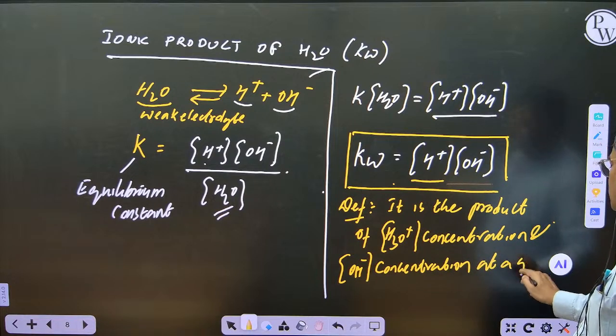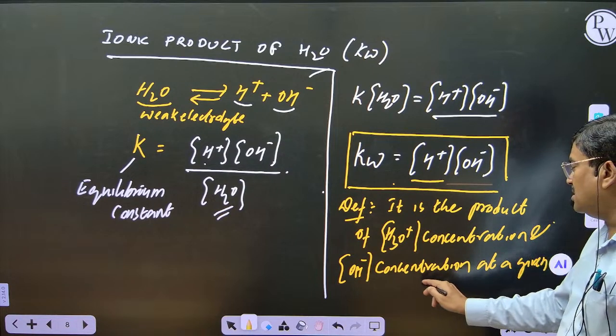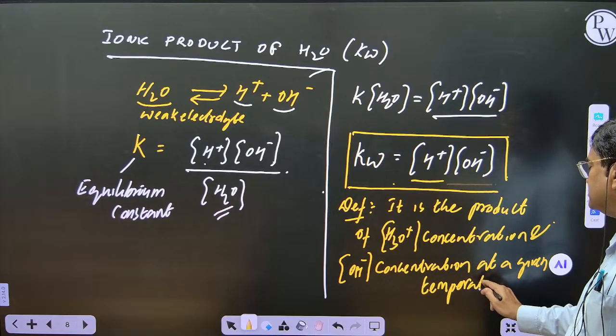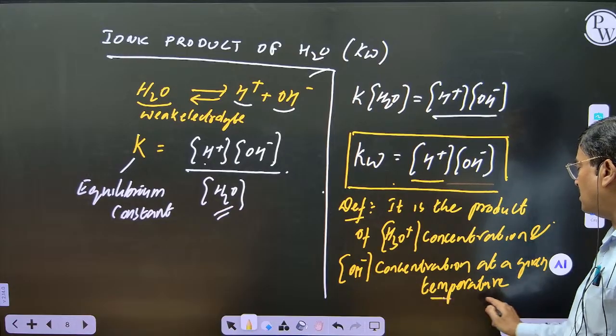That product is called Kw, and from now on we call it the ionic product of water.